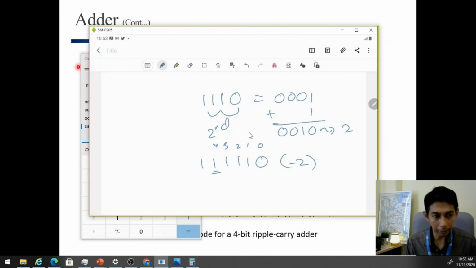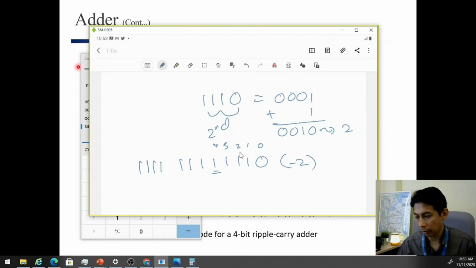If your system is 8-bit, this is minus 2 as well. And if your system is 12-bit, this is your minus 2. As simple as that. Remember, in a computer or microprocessor or in your calculator or any digital system, minus 2 will always be this, using second complement representation.